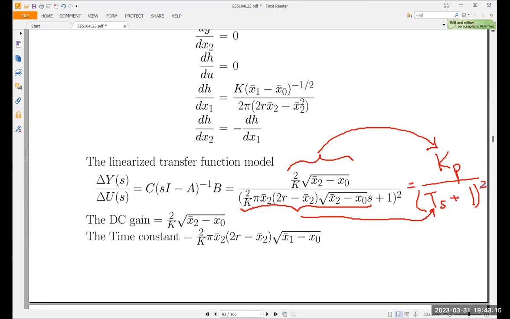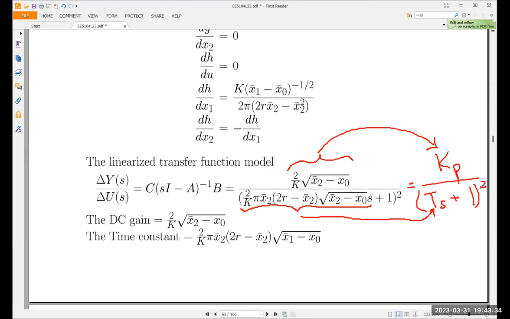But obviously, here you can see straight away KP. At different levels, your K gain changes. It's very obvious. Then at different level of x2, the math says that your T also changes.